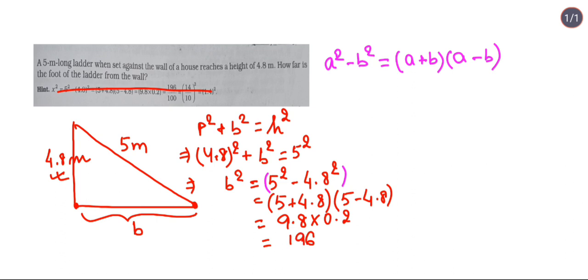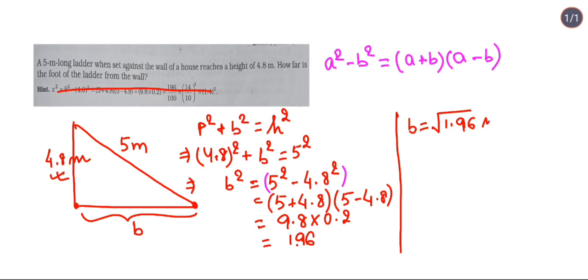Okay, now it is 1.96 meters. Now here we have b square is equal to 1.96. So when we solve it further, when we shift the square on the right hand side, it becomes root under 1.96.